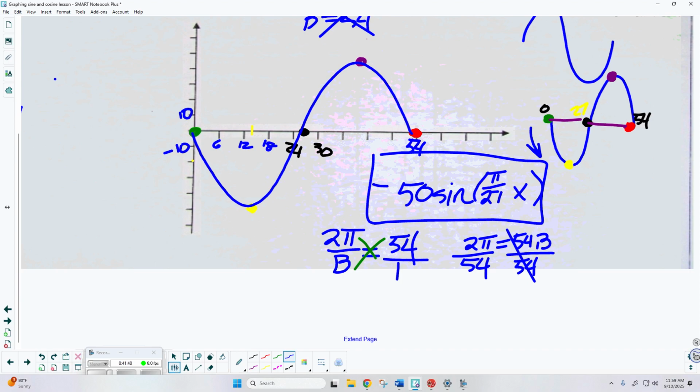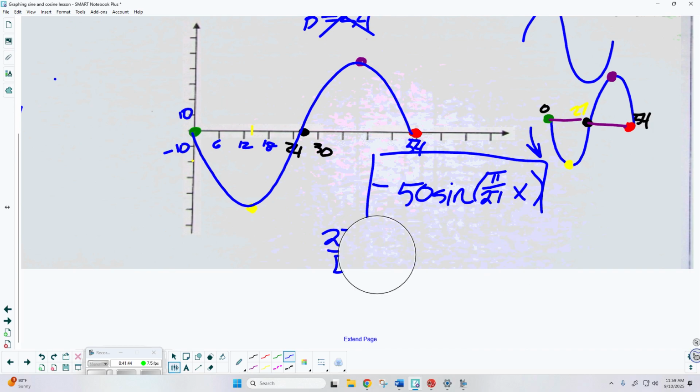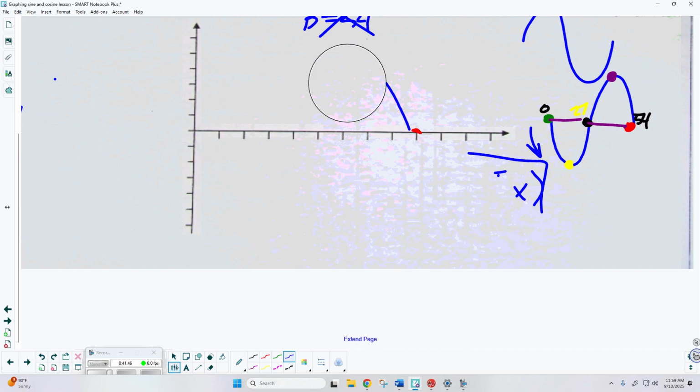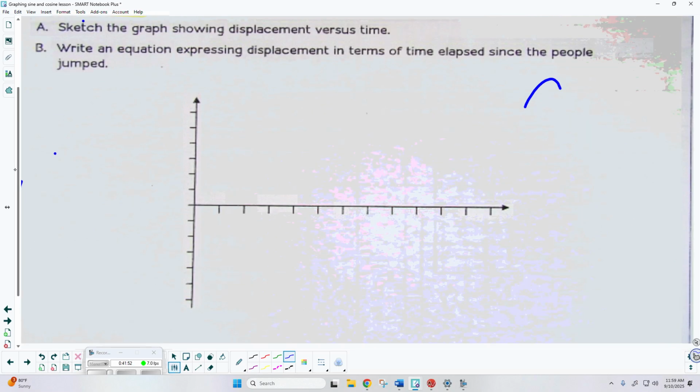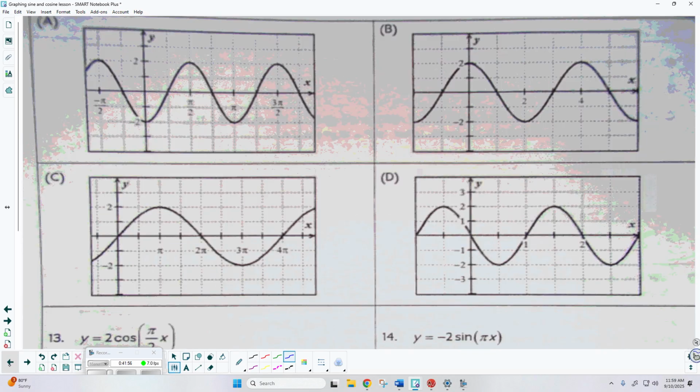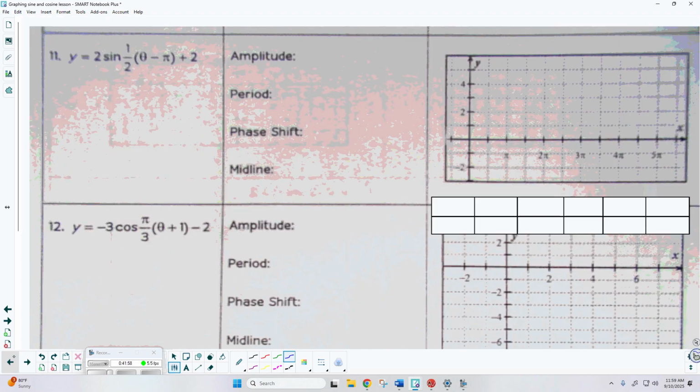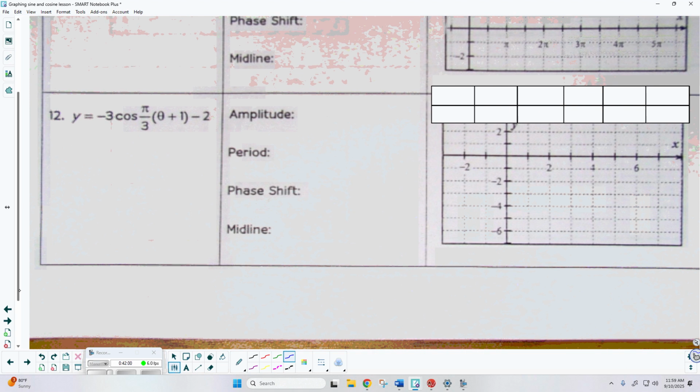Number 12. I don't think, because number 12, if I remember correctly, that's one of those huge ones, right? Okay, I don't know that we'll have enough time to get through it, but maybe I can go ahead and get us started. Okay, let's take a look at this real quick.